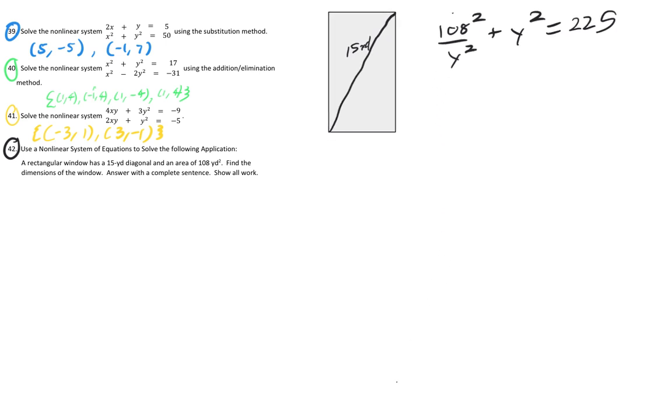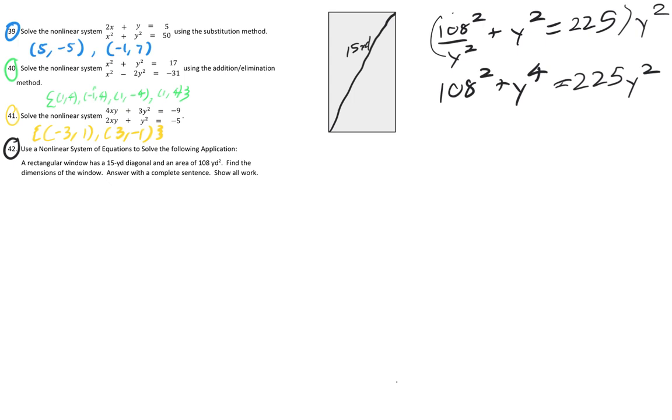Okay, so now we want to solve for y squared. One thing we're going to have to do is get rid of this y in our denominator. One way we can do that is multiplying everything by y squared. It's going to leave us with 108 squared plus y to the 4th is equal to 225 y squared.